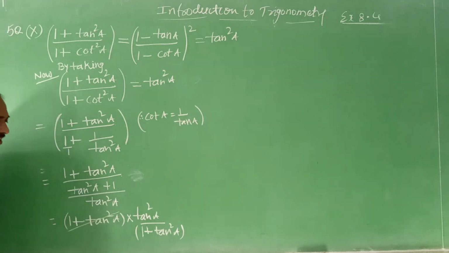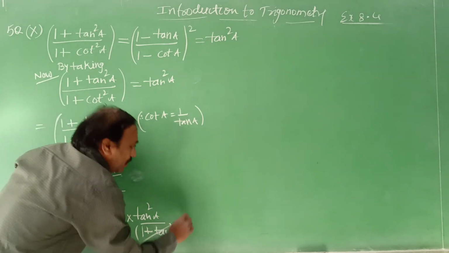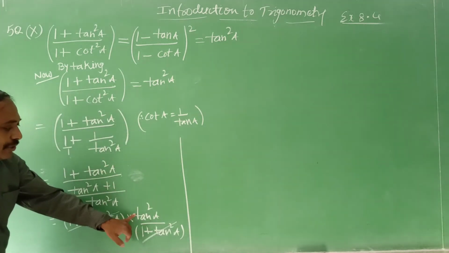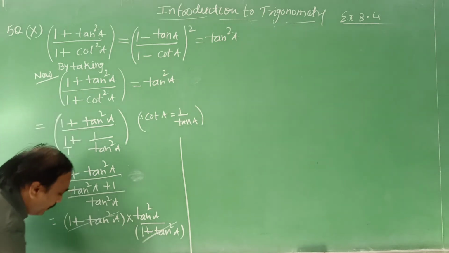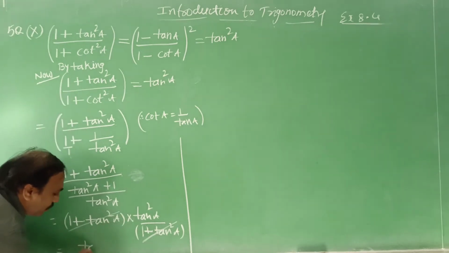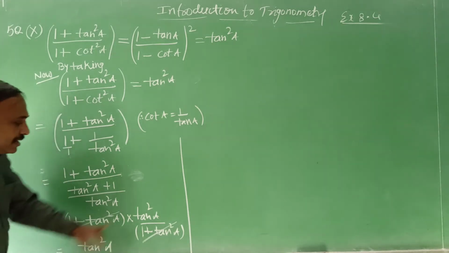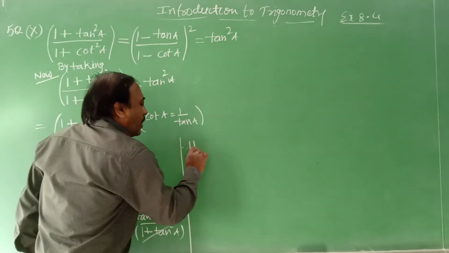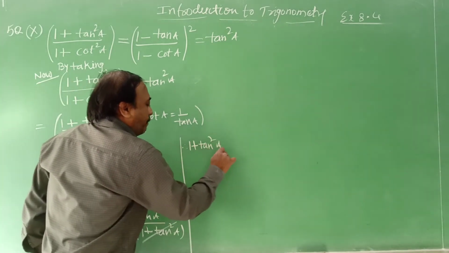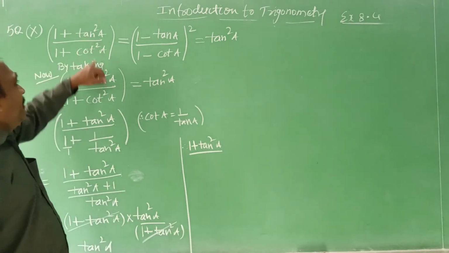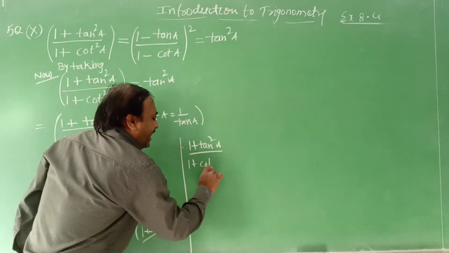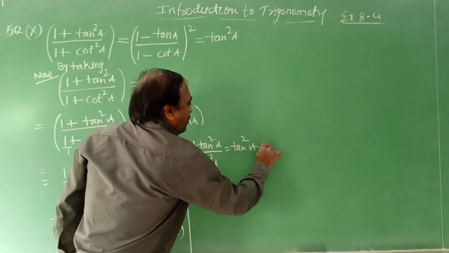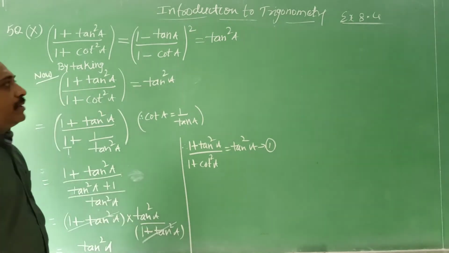So 1 plus tan square A by 1 plus tan square A, they both get cancelled, and you got the answer tan square A. Therefore 1 plus tan square A by 1 plus cot square A is equal to tan square A. Let this be equation 1, which we proved.